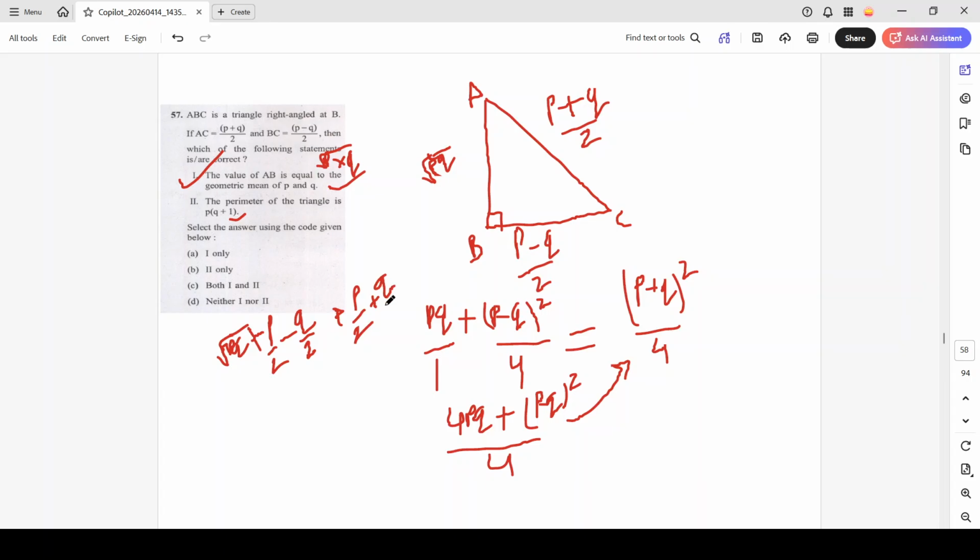Now I see here Q by 2 cancels out and P by 2 becomes P, so root PQ plus P becomes the perimeter of this right angle triangle ABC having sides root PQ, P minus Q by 2 and P plus Q by 2. That means statement second is wrong. That means only one is correct.